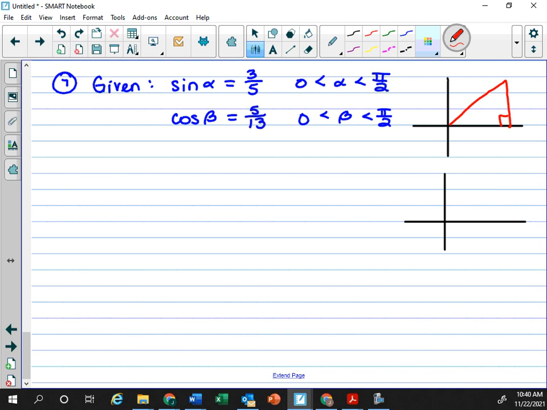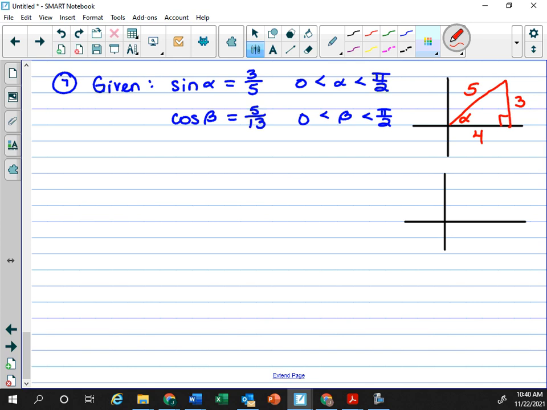Alpha is the angle we're talking about, so I'm going to put that by the origin. And then it says the sine of alpha is 3/5. What does that mean? And the hypotenuse is 5. Yeah, so opposite or the y is 3 and the hypotenuse is 5. And do you know the other side of your triangle? Okay. It's a Pythagorean triple.